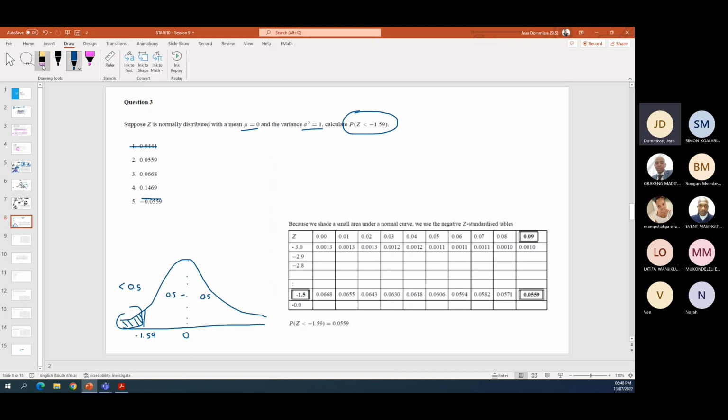Hi, Jean, can you hear me? Yes, I can. I think I missed something. How did you know that negative 1.59 is at that specific point on the graph? Okay, cool. So I actually don't know.